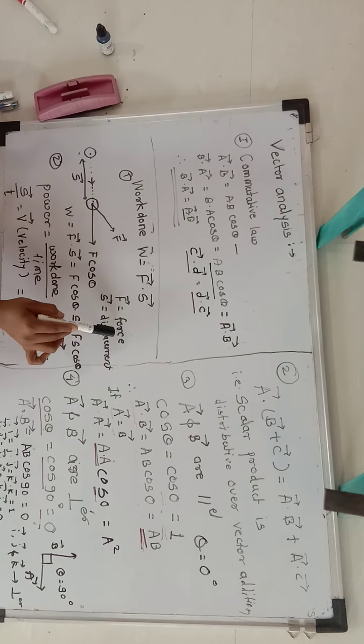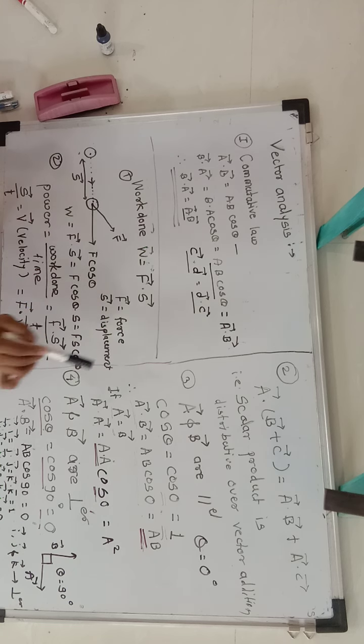F bar is the force acting on this body and S bar is the displacement of that body. Then how can we write the work done? Work done W is the dot product of force and displacement. F bar dot S bar is equal to F S cos theta. The work done is force into displacement, or the dot product of the force and the displacement.